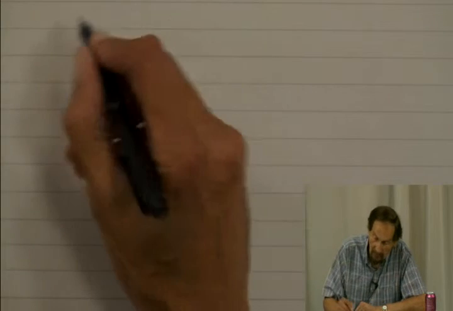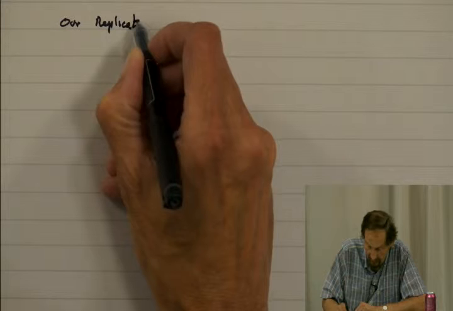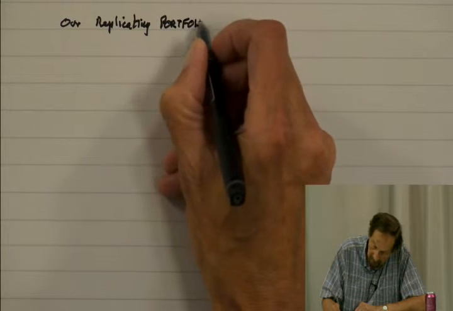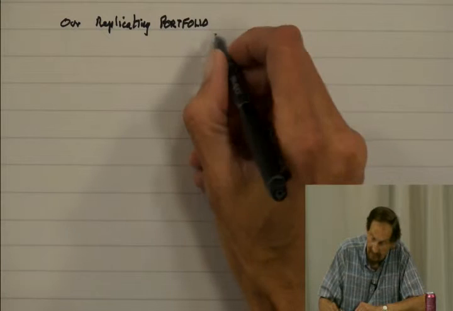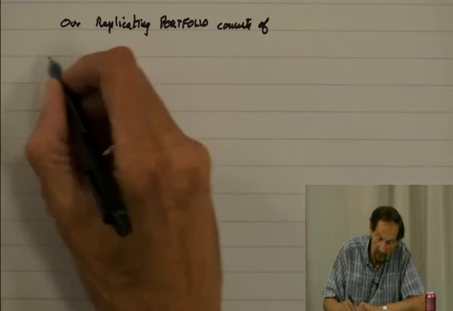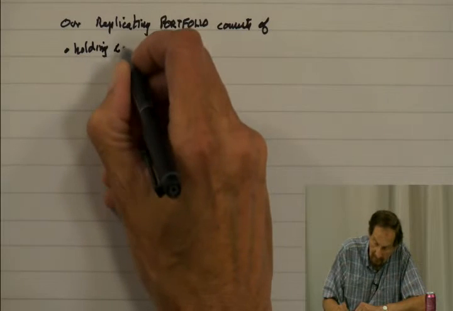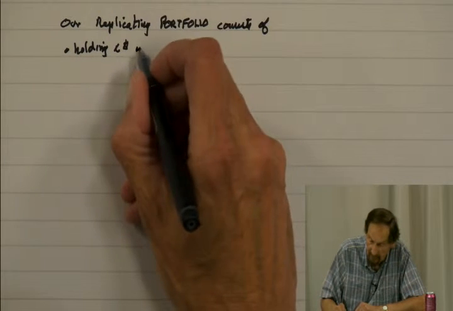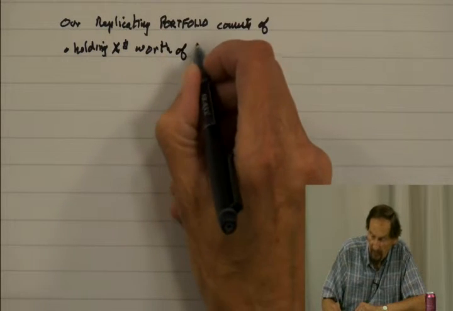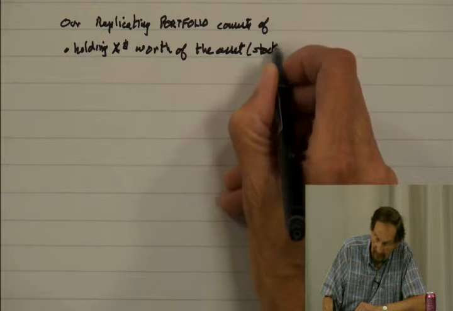Okay, our replicating portfolio consists of holding X dollars worth of the asset. In other words, typically the asset we consider is a stock.